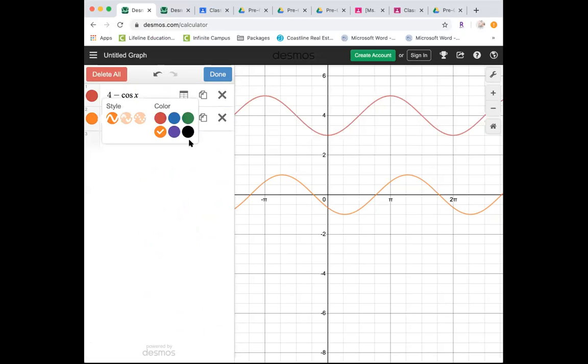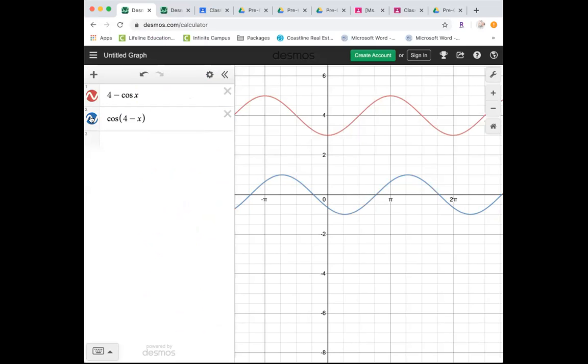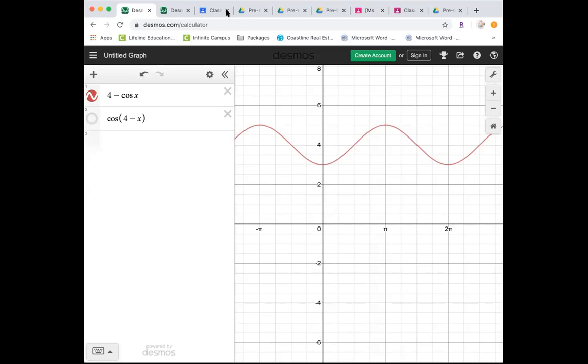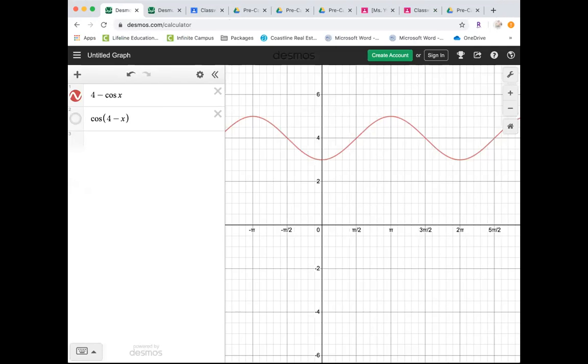Let's look at number 14. 14 is the one in red. I should pick people to answer for me. Okay, so this is question number 14. Do you guys see my graph?